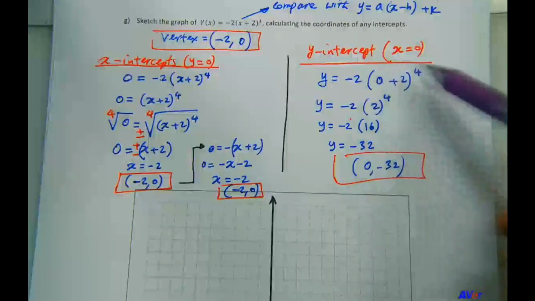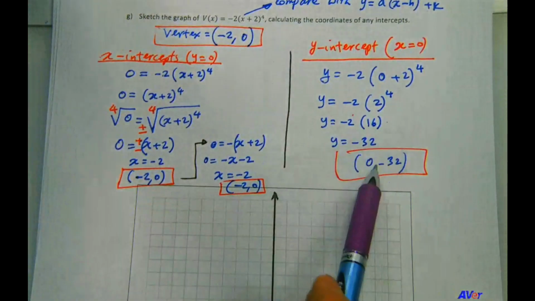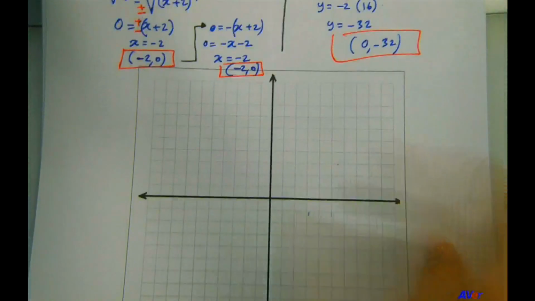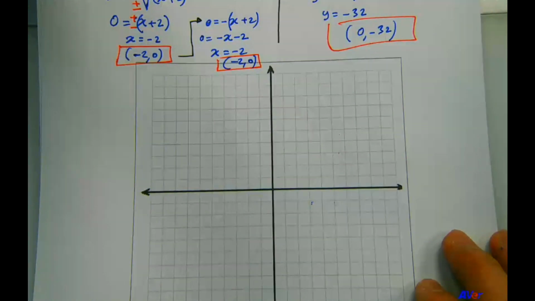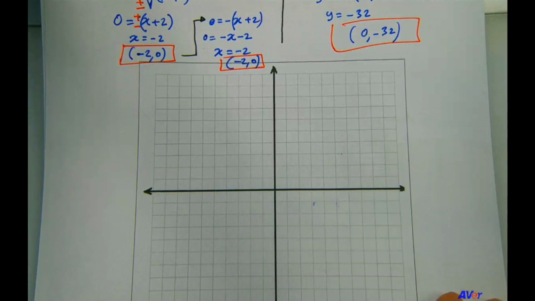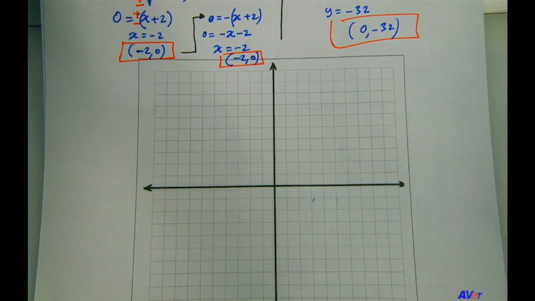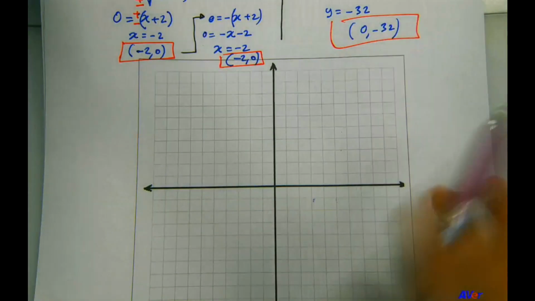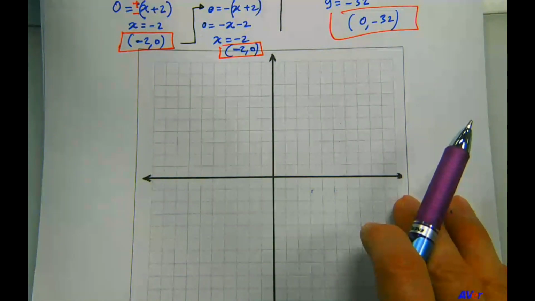So we have everything we need, right? The vertex, which is the same thing as the x-intercept, and then the y-intercept. So let's graph it. In this case my axes were not labeled, which is nice because then I can increment the way it would fit the graphing area. To get negative 32 on the y-axis, I'm going to increment every 10.